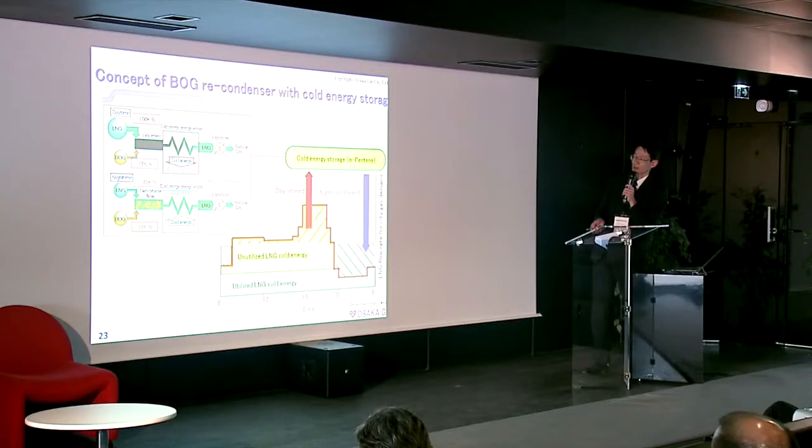So usually we utilize the cold energy of only a very small portion of the send-out rate, and all this section is not utilized for the cold energy utilization system. But if we apply this cold energy storage system, we can utilize this section and use this cold energy here during a low send-out rate.